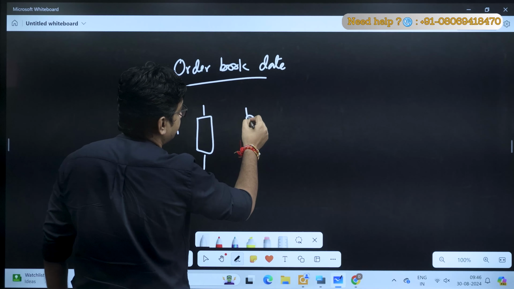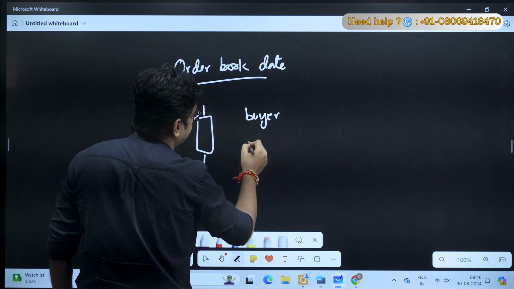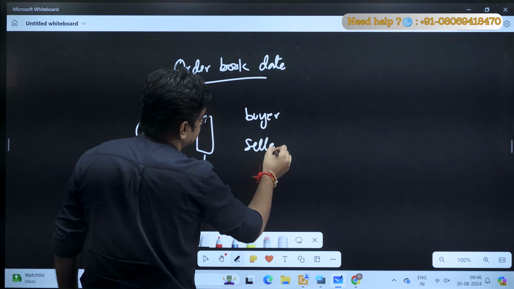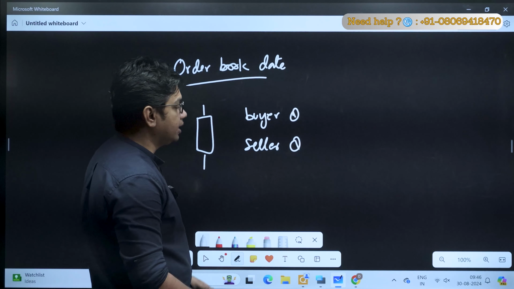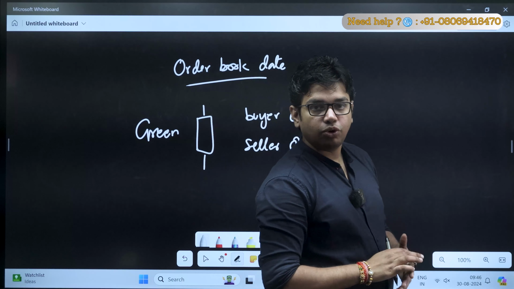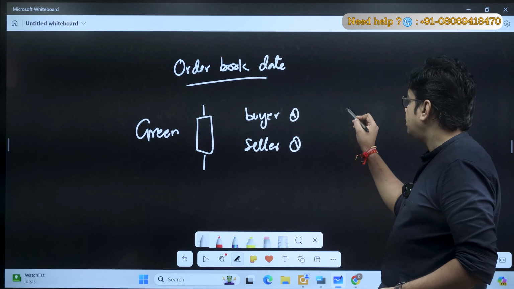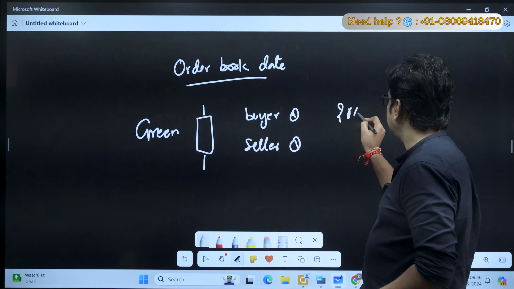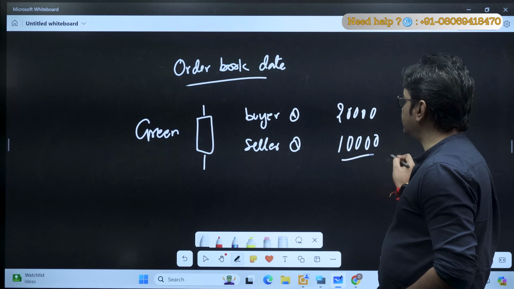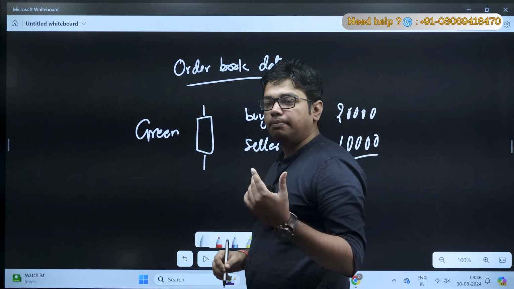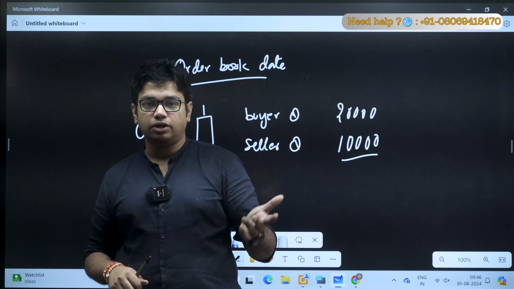Now you will find buyer and seller quantity. Let's just say buyers are more over here. Let's say buyers are 20,000 and sellers are 10,000. So it indicates that buyers are more dominant, so the price is likely to go up.